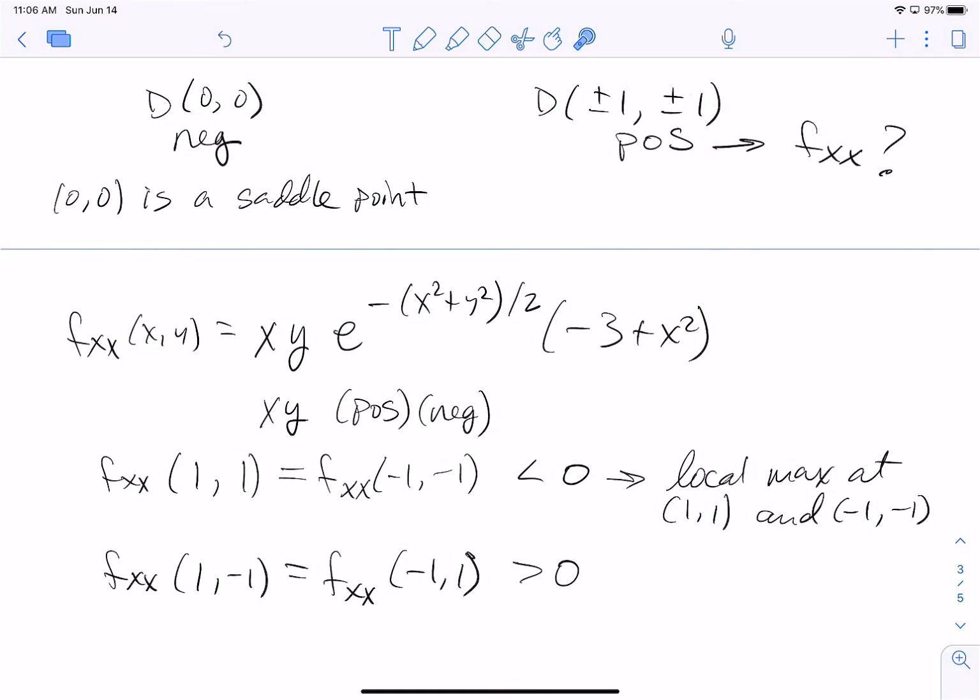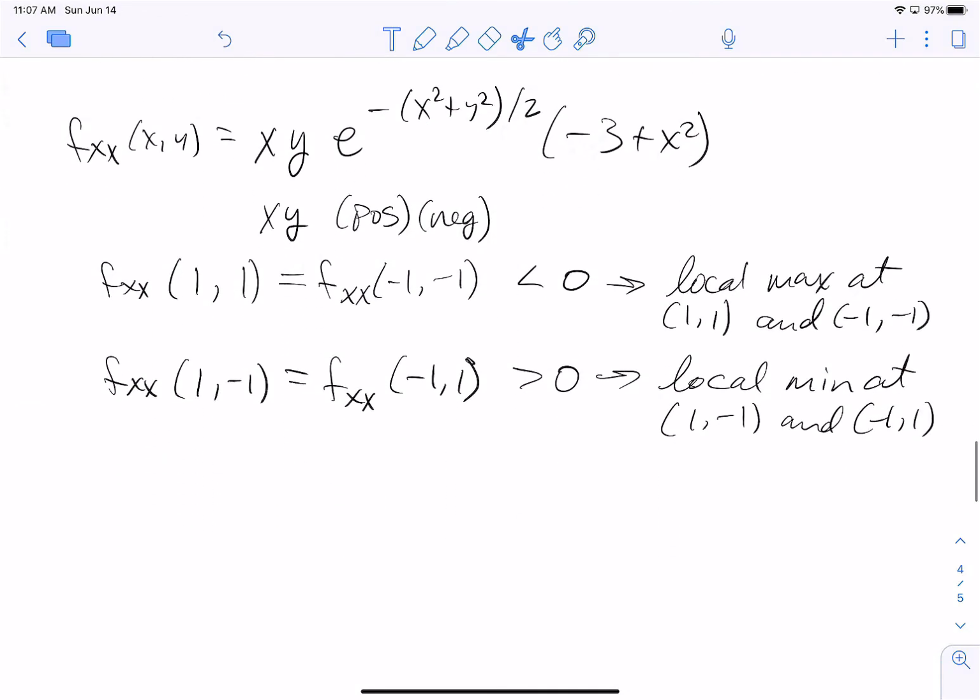If D is positive and fxx is also positive, then again I'm thinking about concavity in R2. Second derivative being positive, we're concave up. So we have local minimum values at (1, negative 1) and (negative 1, 1).